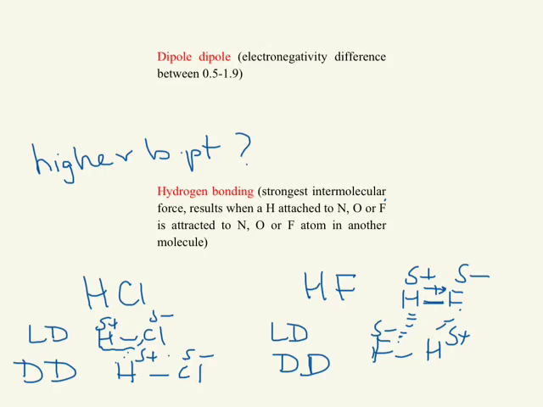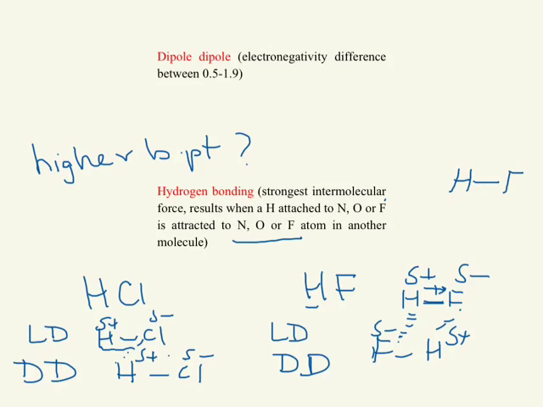Now what about hydrogen bonding? Is hydrogen bonding present in HCl? No, because to show hydrogen bonding, hydrogen needs to be attached to nitrogen, oxygen, or fluorine. Here it is attached to chlorine, so there is no hydrogen bonding in HCl. But let's look at HF. Hydrogen is attached to fluorine.